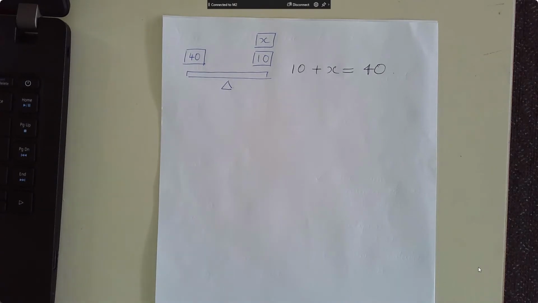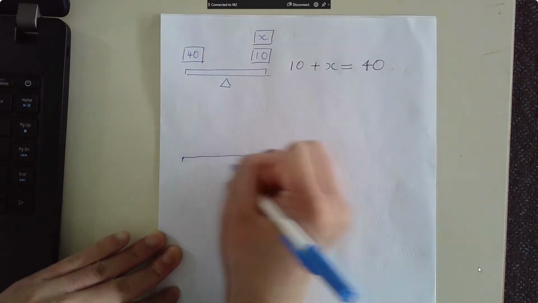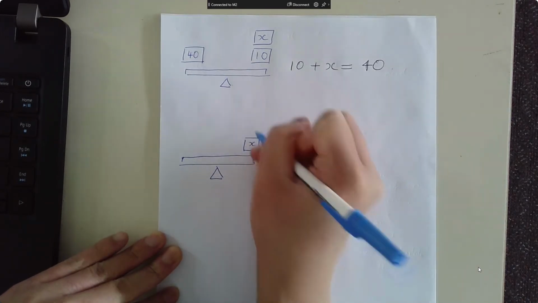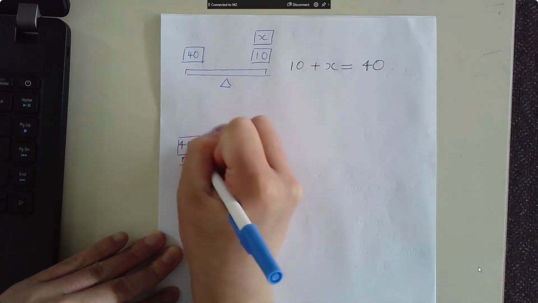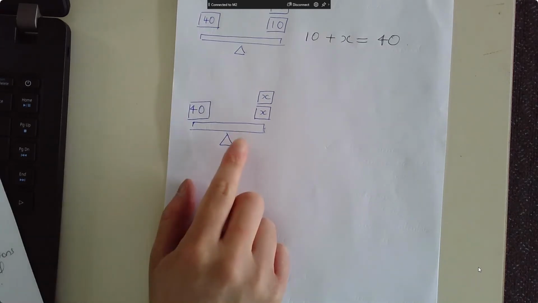Okay. I'm going to do a couple more. This time, I'm going to draw this diagram. I want to turn this into an equation. Now I've got two x's on the other side. Yes, I agree that x is 20, but let's just write down an equation to describe this situation first.